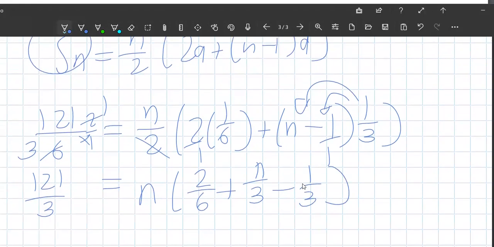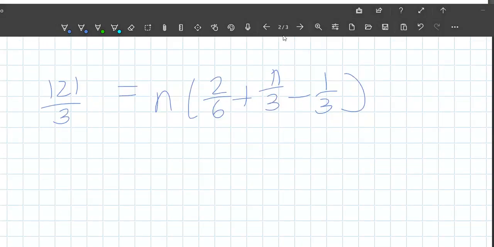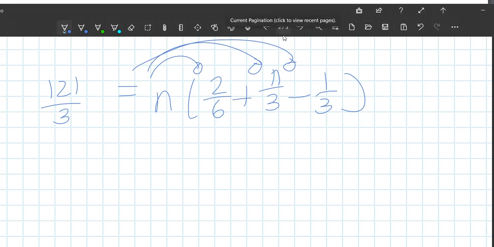Last step. Just want to times in this n. So we have 2 over 6, which is just 1 over 3. So 1 over 3n simplified. And then we have 1 over 3n squared. So n times n is n squared, and 1 over 3.